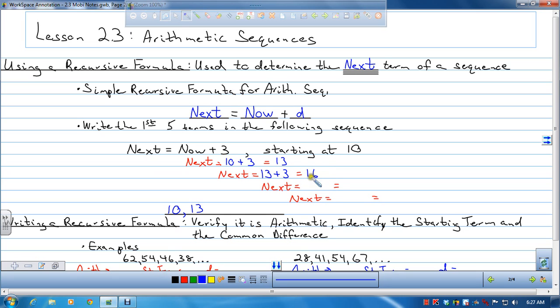Okay, so 16 will fall here. I'll add another 3 to it to get 19, and for our last term we'll have 19, and I'll add another 3 to get 22. So those terms are 10, 13, 16, 19, 22. Okay.